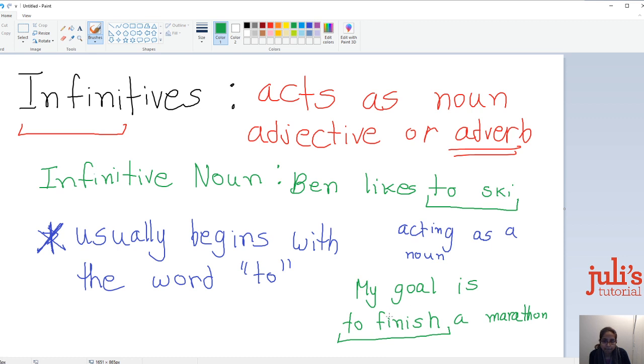The subject is over here, my goal. The verb is actually right here, is. And this is the object part of the sentence, and we have a verb here, so this is going to be my infinitive noun. Now that's for infinitive noun.